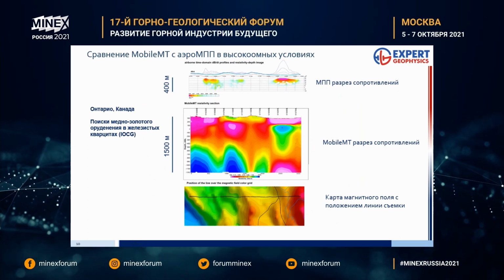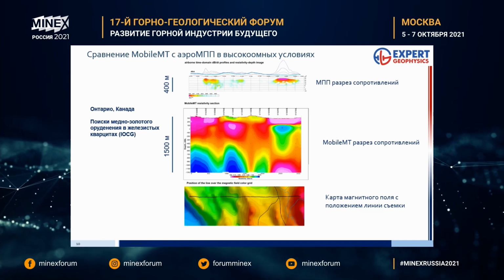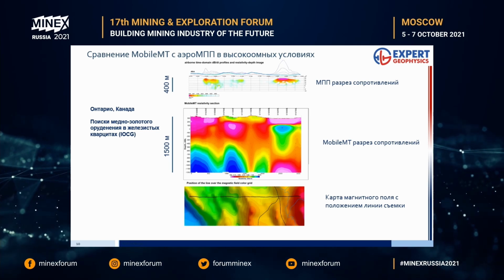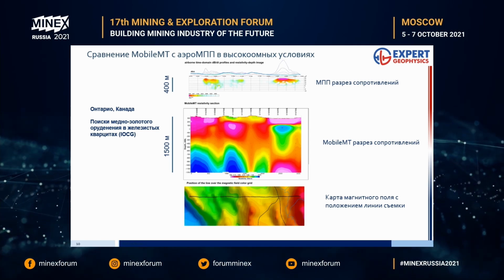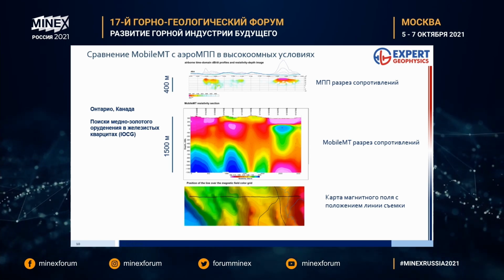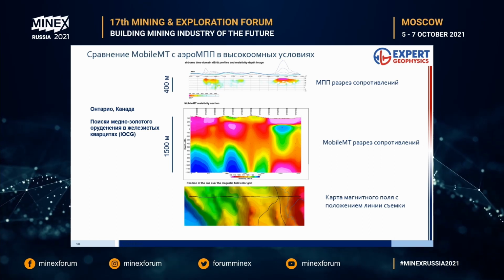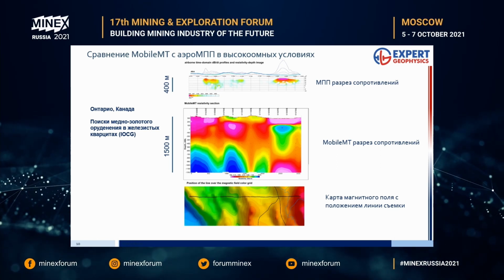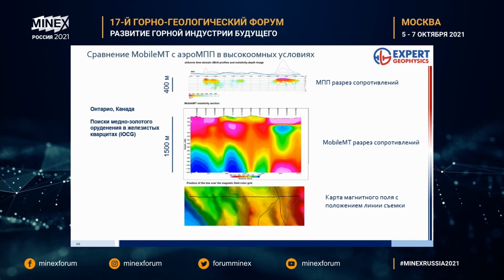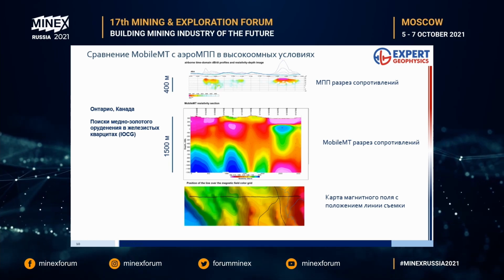And this is the example of mapping of the difference in the resistance. The top graph is this aerial system, which is measuring only a fairly limited amount of data. And mobile MT is capable of going as deep as 1,500 meters.